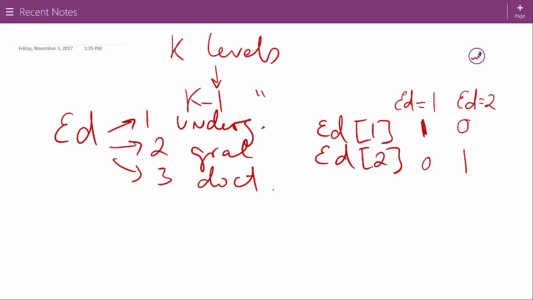What if they have a doctorate degree? Then both of them become minus 1. You don't remember that? We discussed that. Both of them become minus 1 and minus 1. That's what we use to represent the missing category.